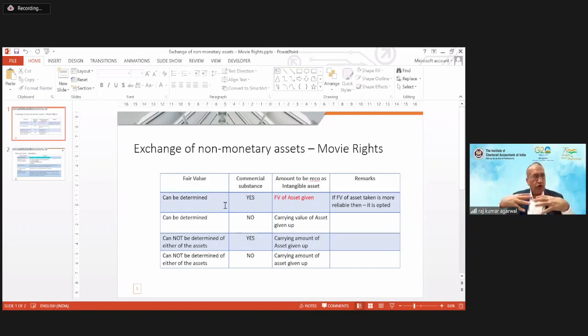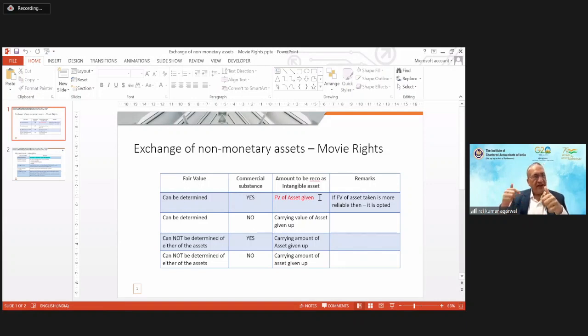Now, coming to the accounting. The question which arises is about the initial measurement of the asset acquired. At what value will we recognize the asset? This table gives the answer. It says that if the fair value can be determined and there is commercial substance, then the amount to be recognized as the intangible is the fair value of the asset given.